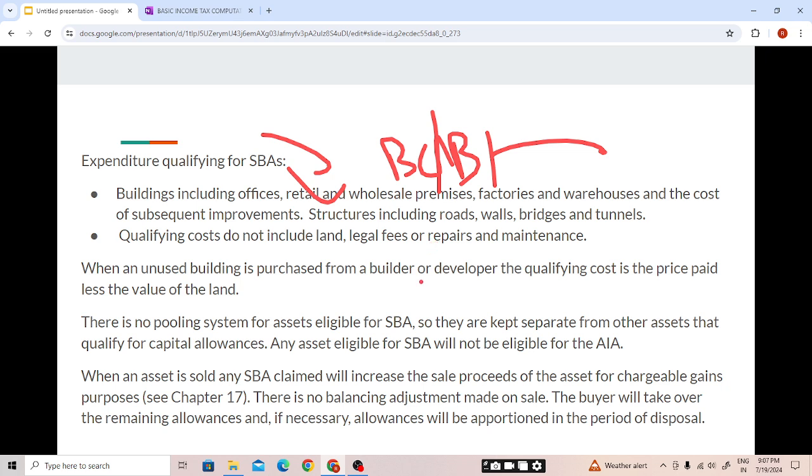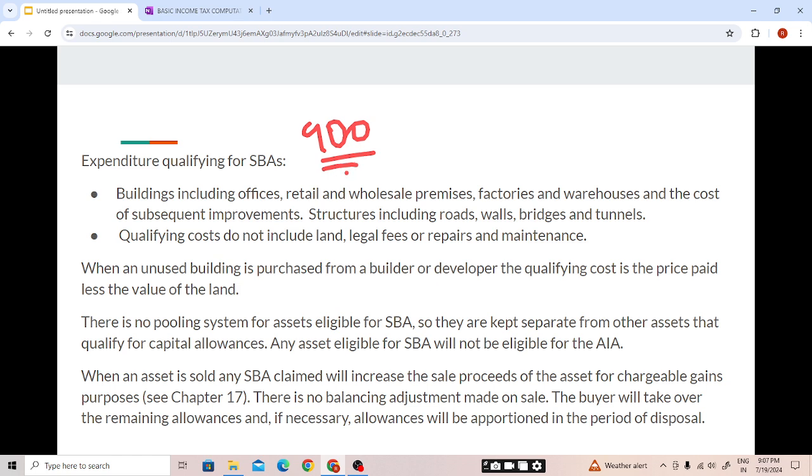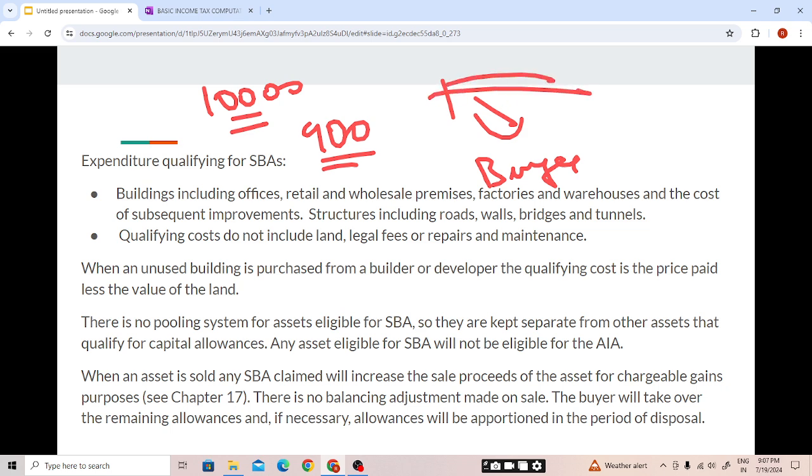Whatever is the remaining amount, students, that is 9,100. On this amount he will claim. 900 we have already claimed and we purchased it for 10,000, and from that period when we sell it, the buyer will calculate the structure and building allowances for the rest of the period, that is 33 1/3 years less the years which the person has already claimed.